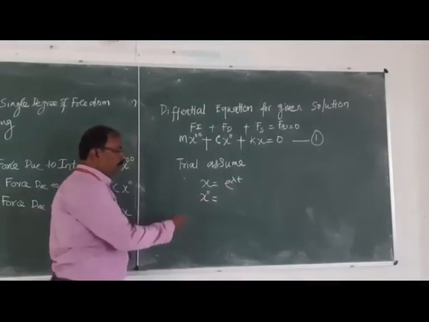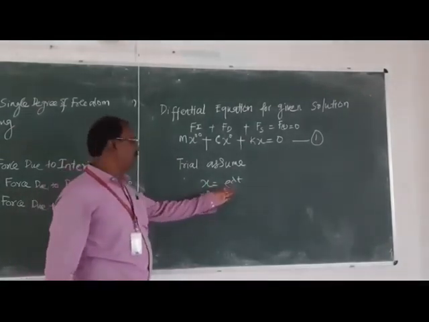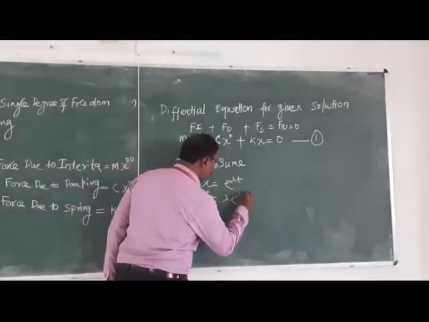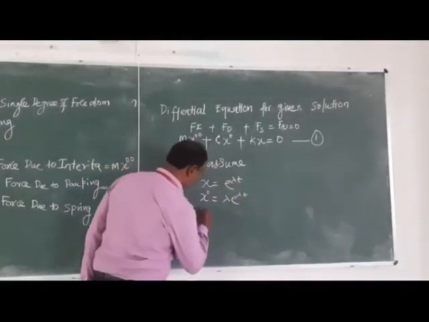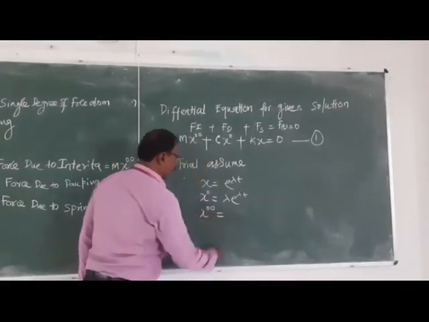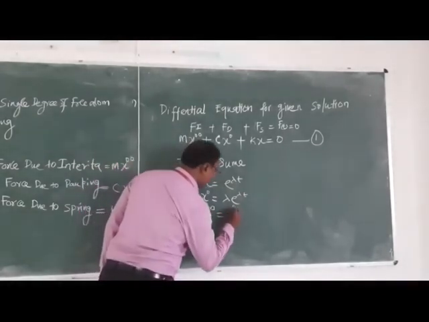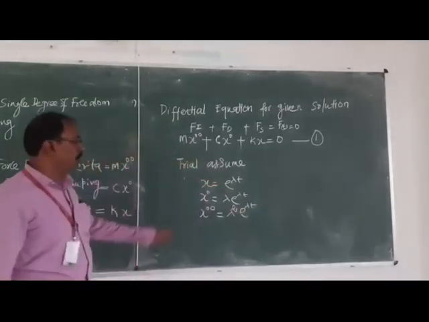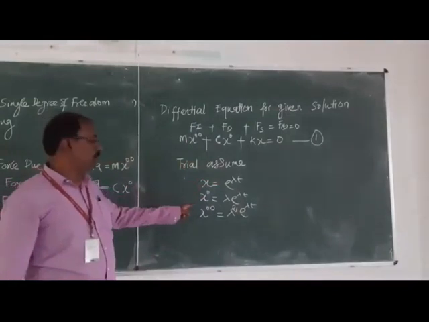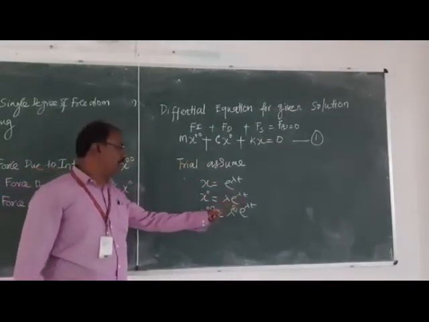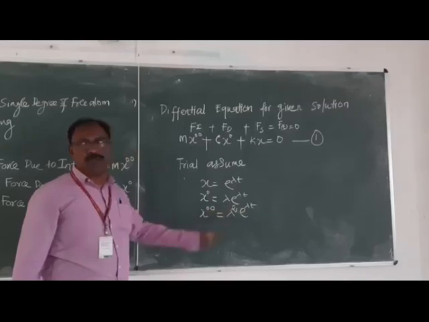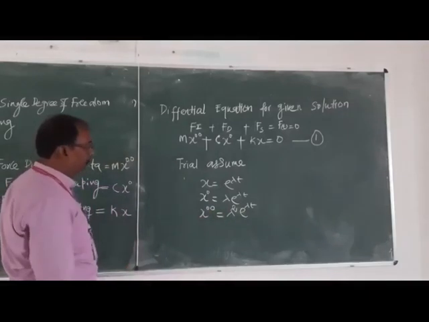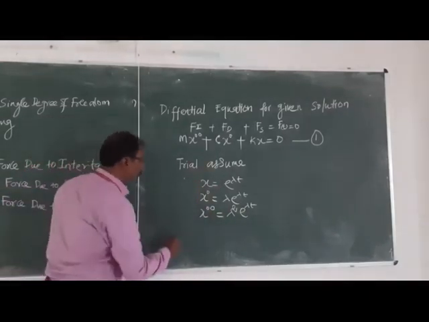Differentiating with respect to t, we get lambda e power lambda t. Understand? I differentiate with respect to t, then the value will be obtained. This value is substituted in equation 1.